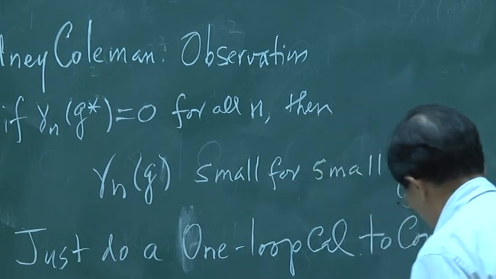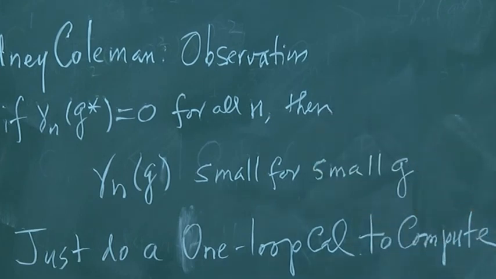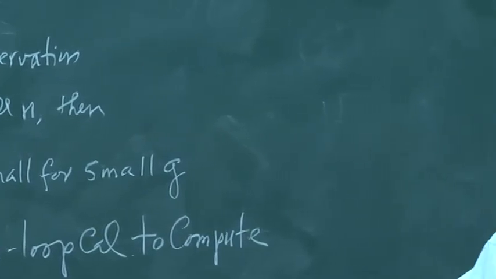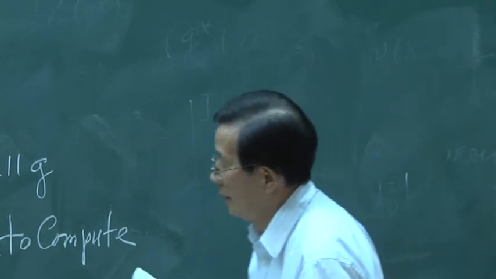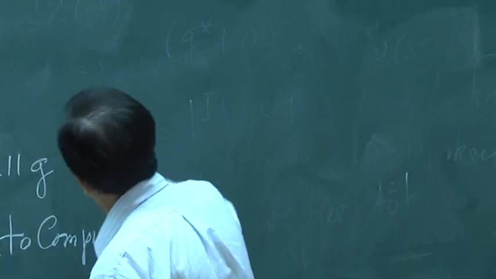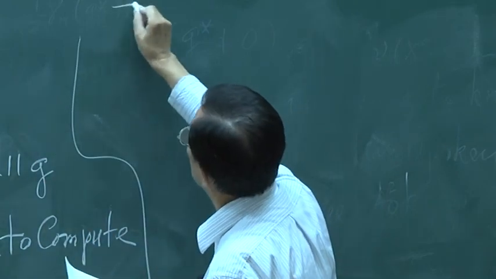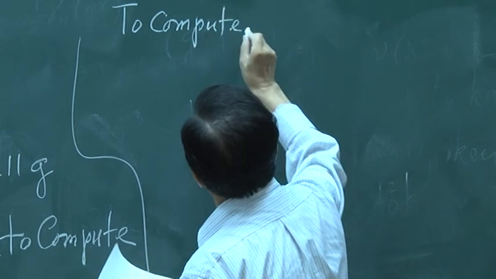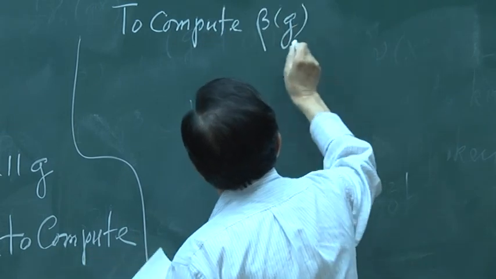Okay? And in fact, you don't even have to do this calculation. All you have to do is to compute the beta function for small g.